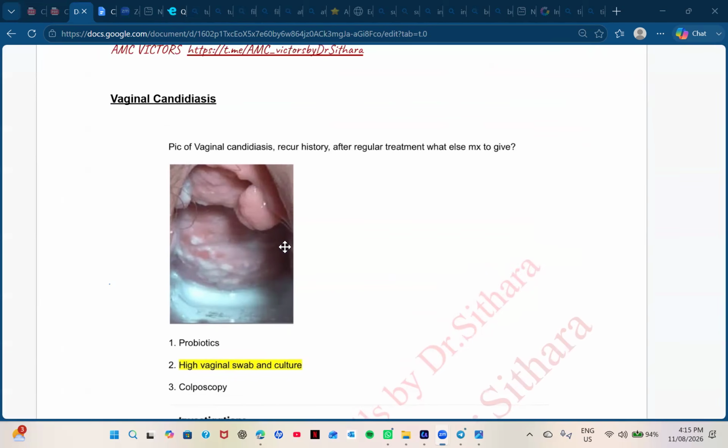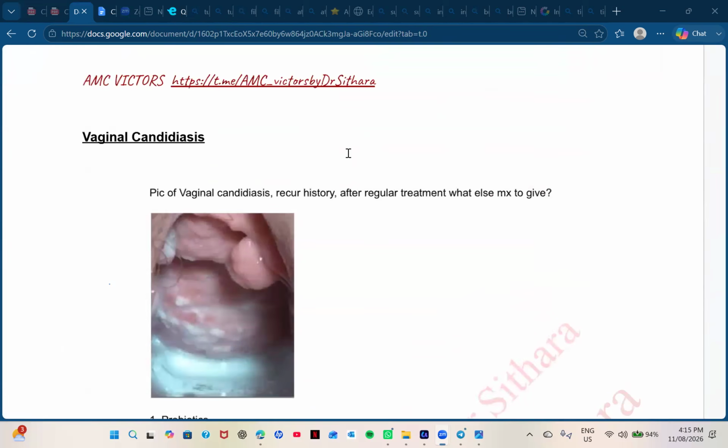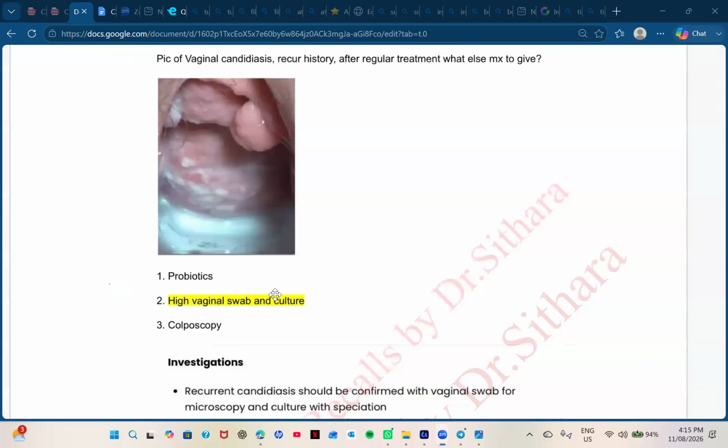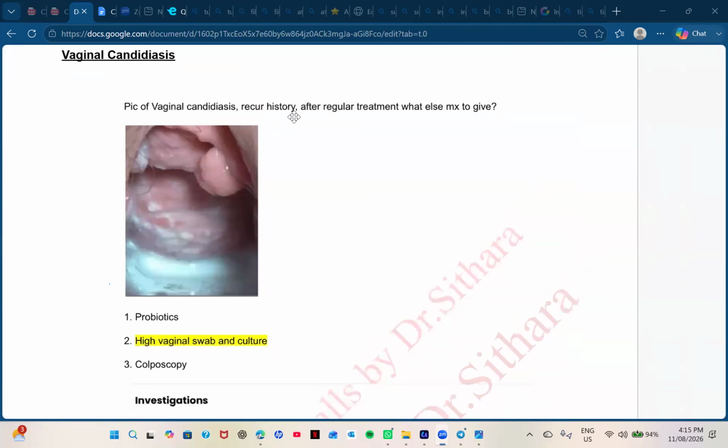If it is a recurrent case, what you need to do initially is a high vaginal swab and culture before starting the treatment. You have to confirm it. If it is the initial presentation and you suspect candidiasis, you can start the treatment right away without checking a high vaginal swab.